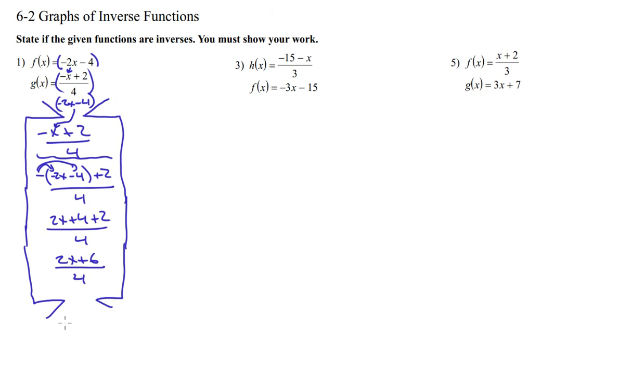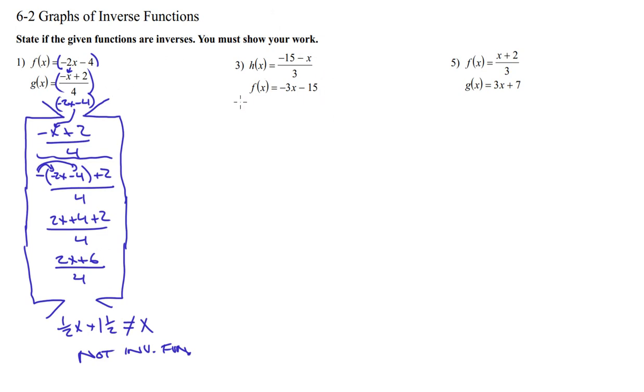So 2x over 4 is 1/2 x, plus 6 over 4 is 1.5. That does not equal x, so no, they are not inverse functions. As soon as you get one that does not equal x, you don't even have to worry about checking the other one, because they both have to equal x when you plug them into each other.